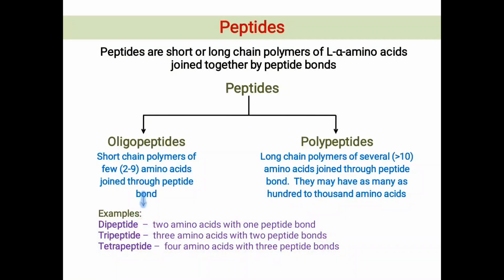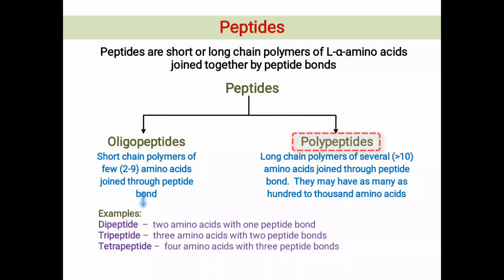So, whenever a question is asked about the number of amino acids or peptide bonds in a particular oligopeptide, if you see a dipeptide in a question, you will write two amino acids joined together by one peptide bond. Understood.